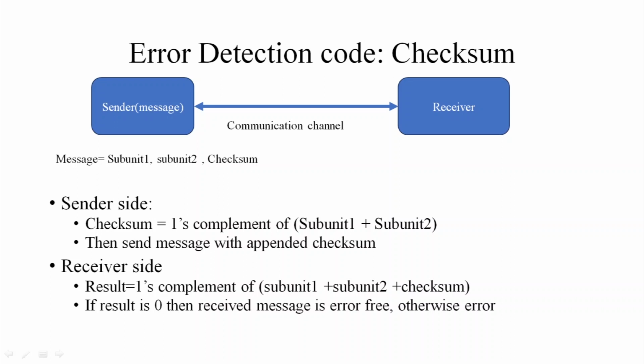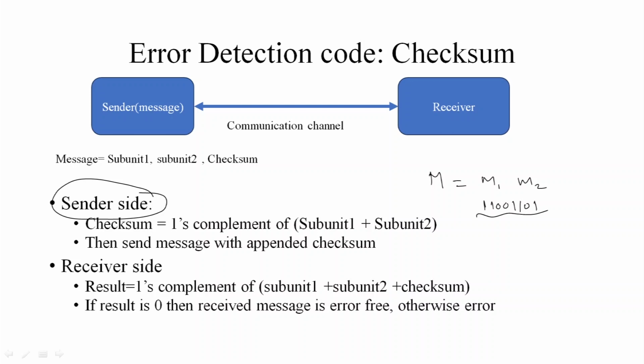Now the question is how the sender computes the value of the checksum. Suppose the message contains some subunits, for example this message contains 2 units, subunit 1 and subunit 2, like a 16-bit message. Suppose this is 1 1 0 0 1 1 0 1.